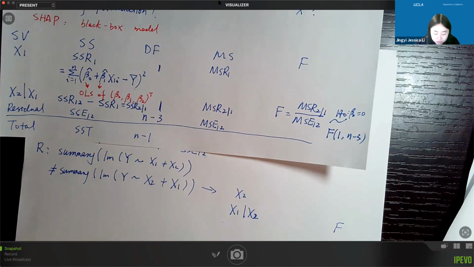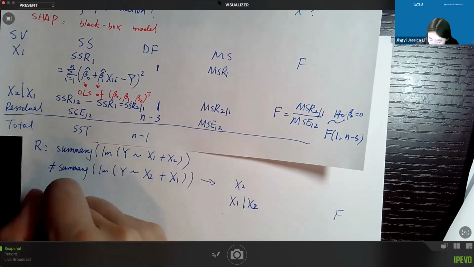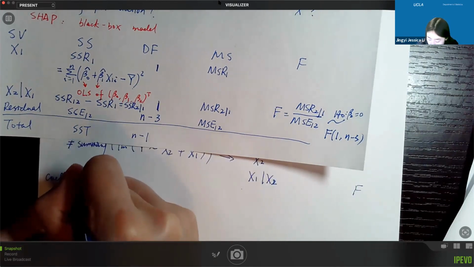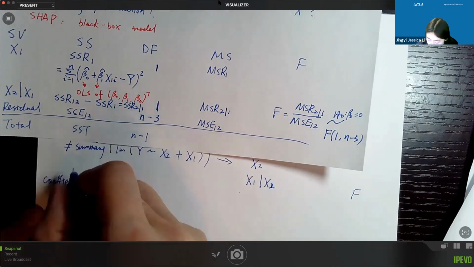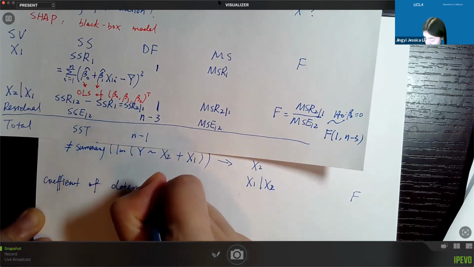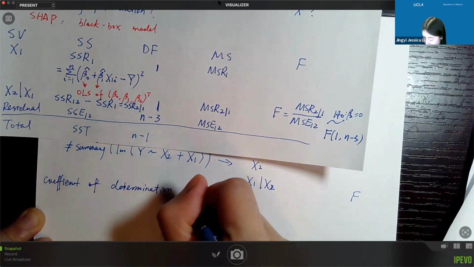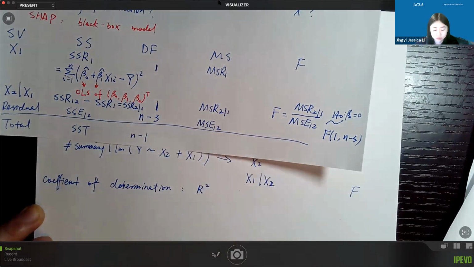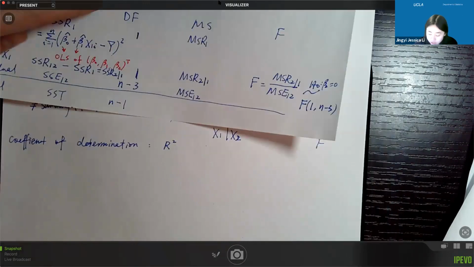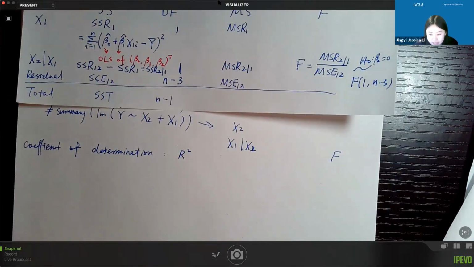Now, another interesting take-out message from the model is the coefficient of determination. This is also a very important criterion we get out of the linear model. We call this R squared. And this R squared can be defined just based on the three terms, SSE, SSR, SST.